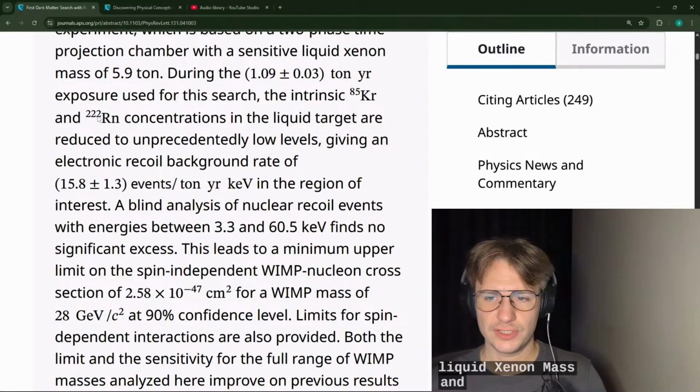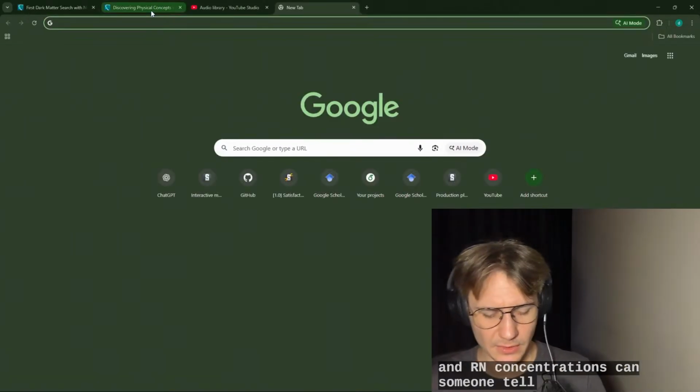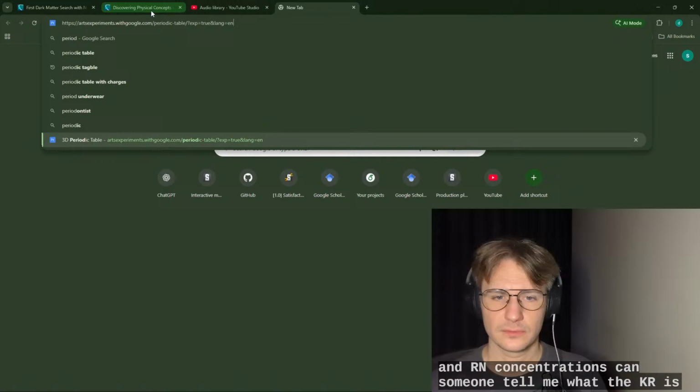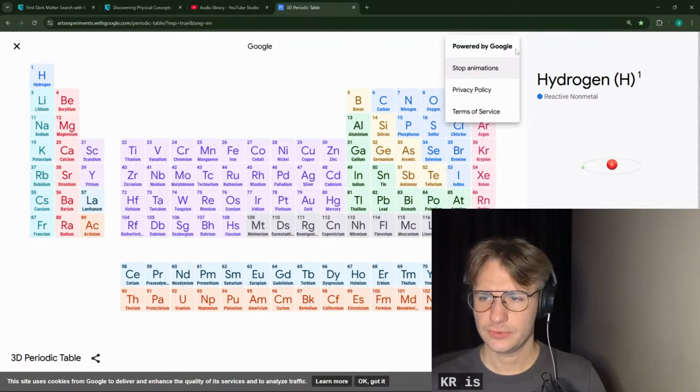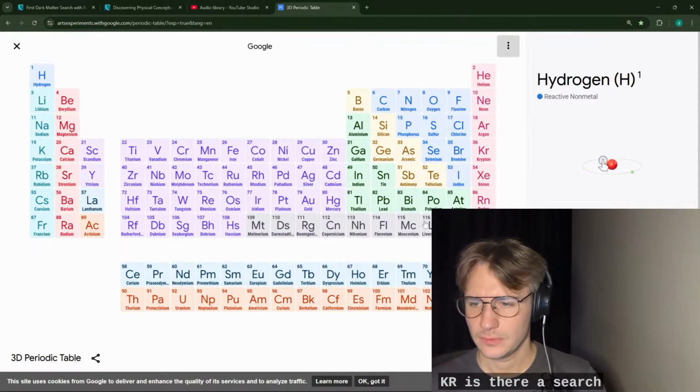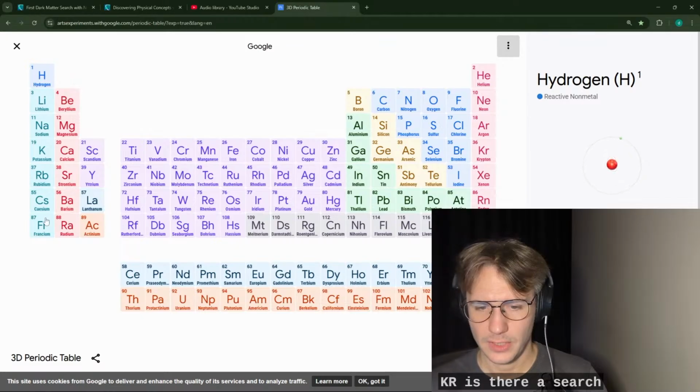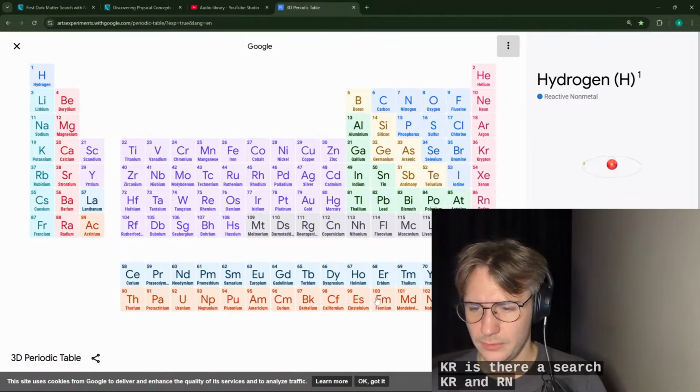And the search, the intrinsic KR and RN concentrations. Can someone tell me what the KR is? KR, is there a search? No. KR and RN. We're looking.